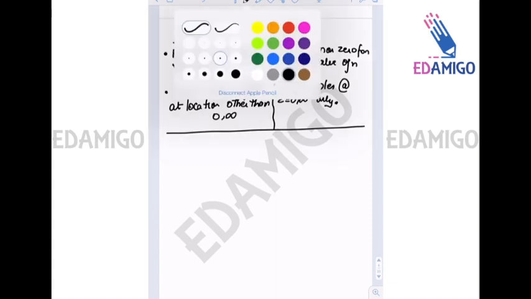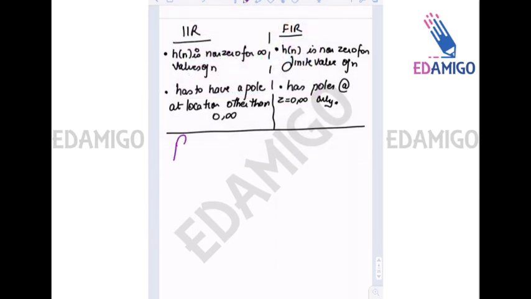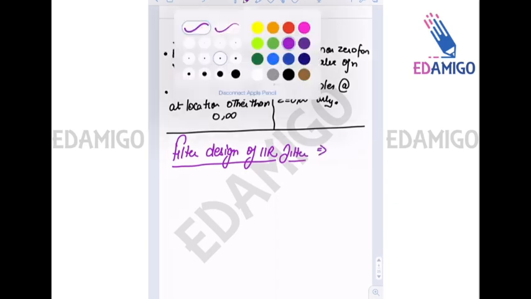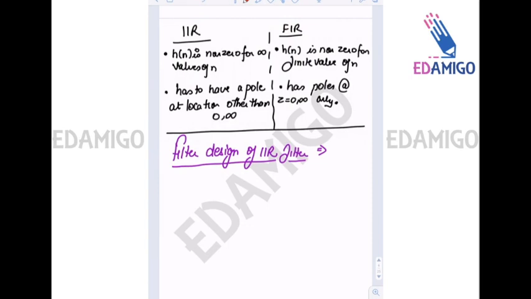Now let's move on to the filter design of IIR filters. How do we do the design of the filter? What is the method?